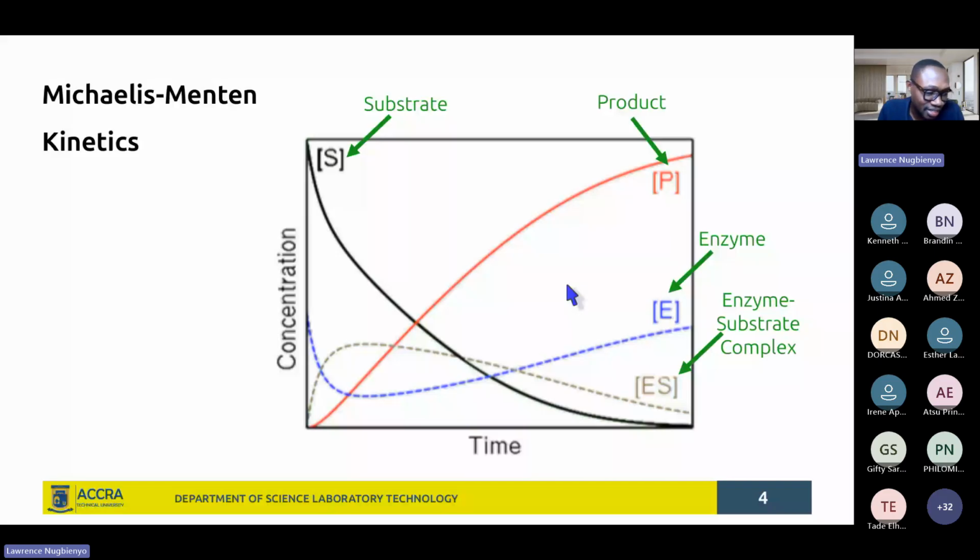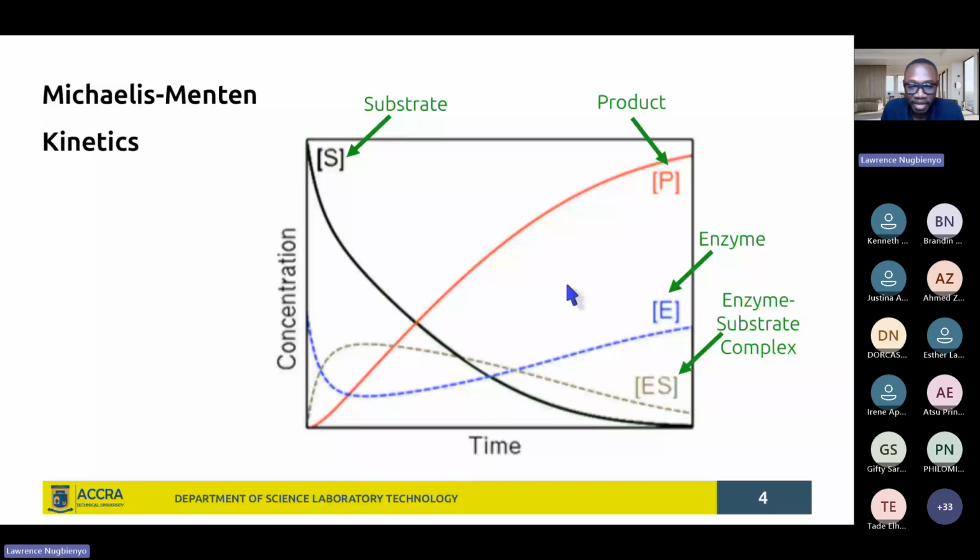Now, what is this Michaelis-Menten kinetics about? As I was saying from the beginning with the introduction, you vary experimental parameters and see how these parameters influence the activity of enzymes.